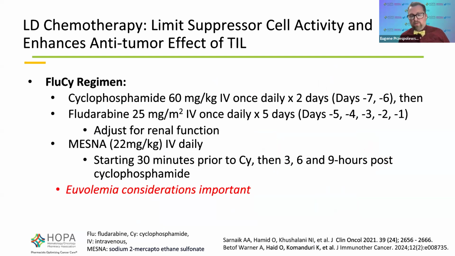Along with high-dose cyclophosphamide, obviously comes the aggressive hydrations, and there are different ways to do that in practice, and there are going to be practice variations with that in mind. But Mesna, at 0, 3, 6, and 9, or variations of that are also possible. Fludarabine given once a day for 5 days, of course, adjusting for renal function.